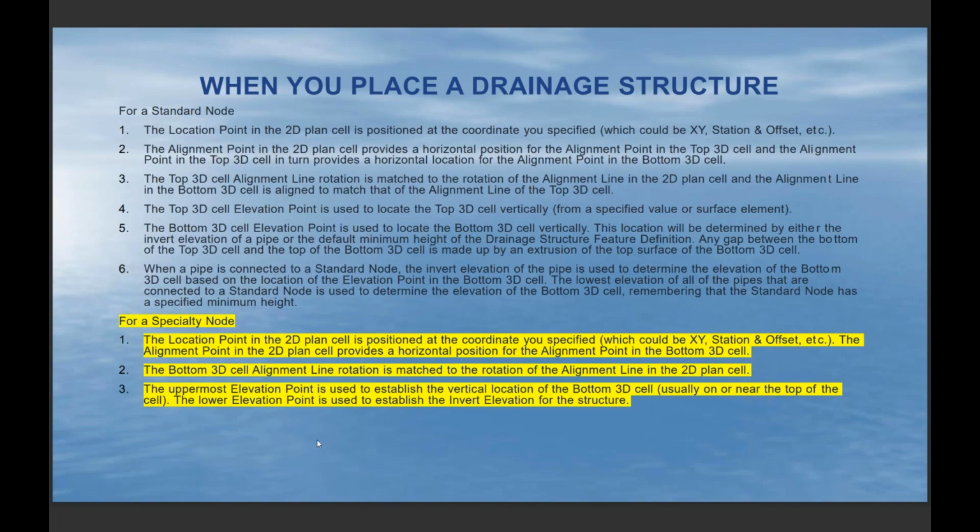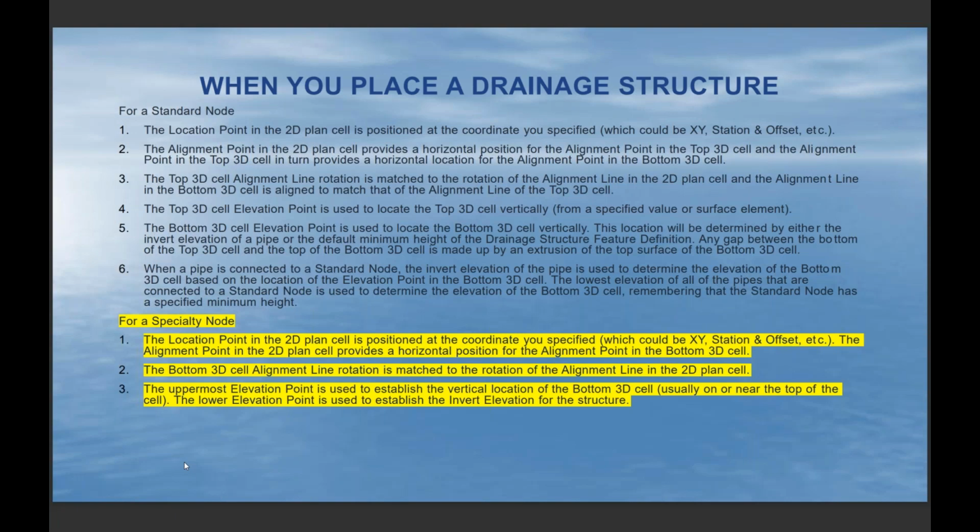The uppermost elevation point in the 3D bottom cell in a specialty node is used to establish the vertical location, and it's usually near the top of the cell. So as I was saying, normally it would be ground elevation on, say, an FES or MES.